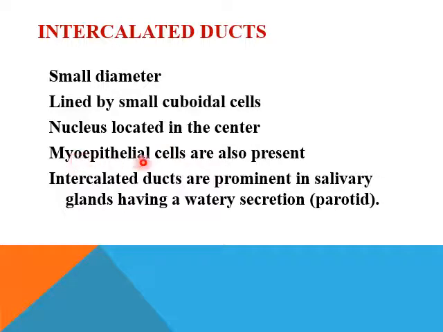Myoepithelial cells also surround these cuboidal cells of the intercalated duct, to help secrete saliva from the intercalated duct to the larger duct, which is the striated duct. The intercalated ducts are prominent in salivary glands that have watery secretion, like the parotid gland.